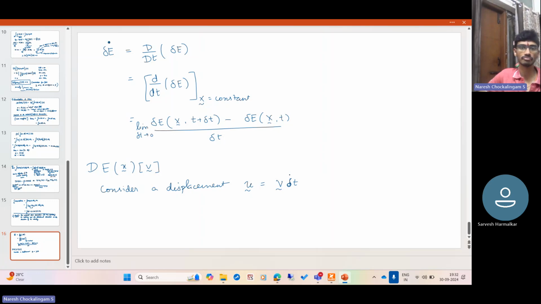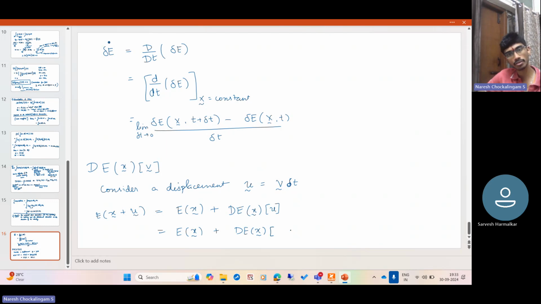You can think of this displacement as a perturbation onto x. E is a function of x, so what is E of x plus u? It is E of x plus the directional derivative of E at the point x in the direction u, but this u is now v delta t.